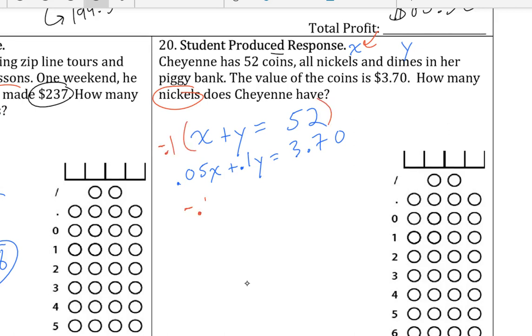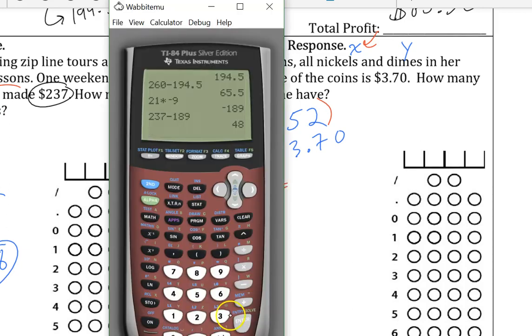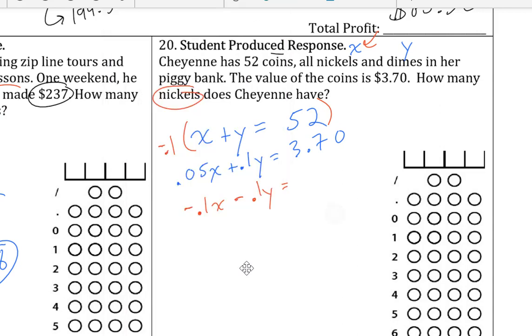So I have -0.1x minus 0.1y is equal to, well, let's see, -0.1 times 52, that gives us -0.52. Or -5.2, sorry. So we're done with that one.